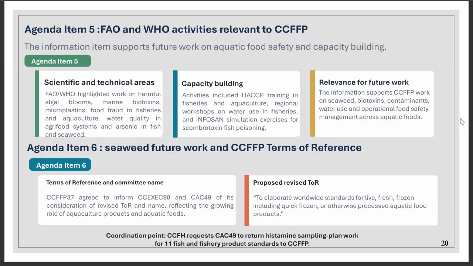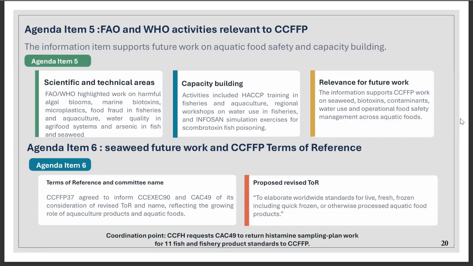The outcomes first, in regard to scientific and technical areas, FAO and WHO organization highlighted work on harmful algal blooms, and they focused on the algal blooms and especially harmful ones in marine biotoxins, microplastics, food fraud in fisheries and aquaculture, water quality in agri-food systems, and arsenic in fish and seaweed.